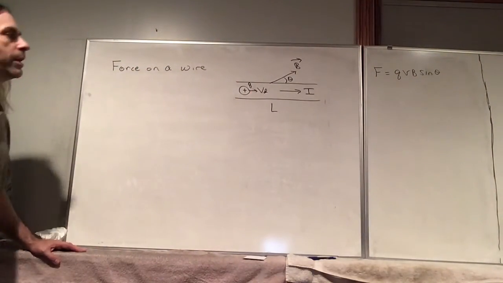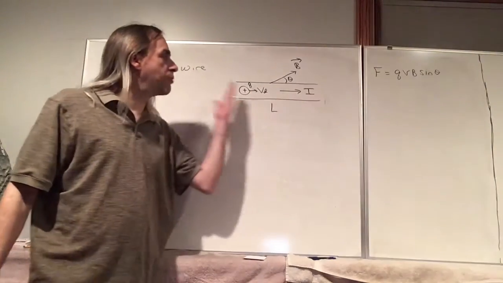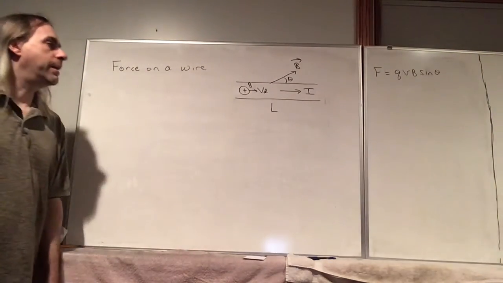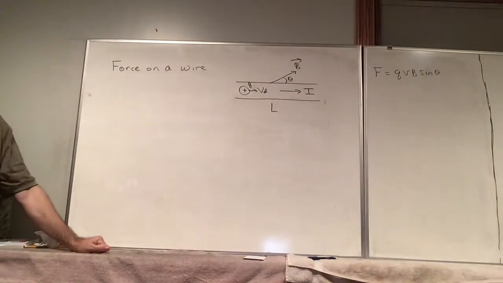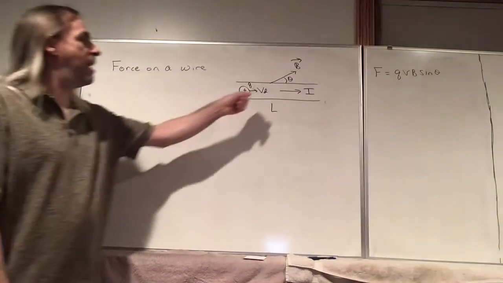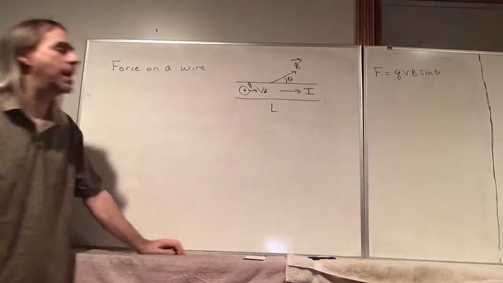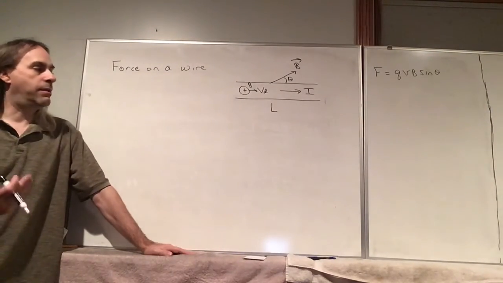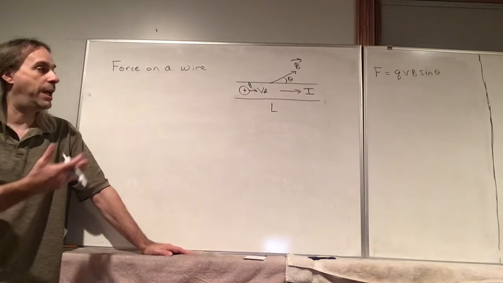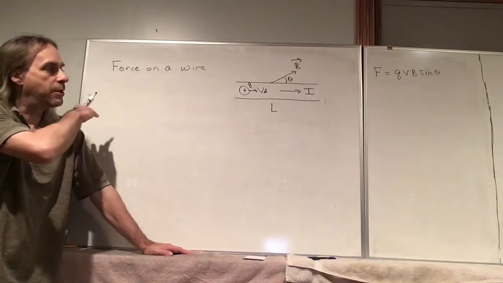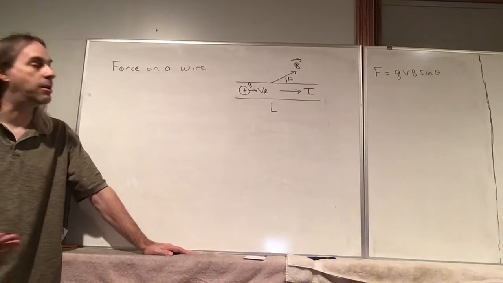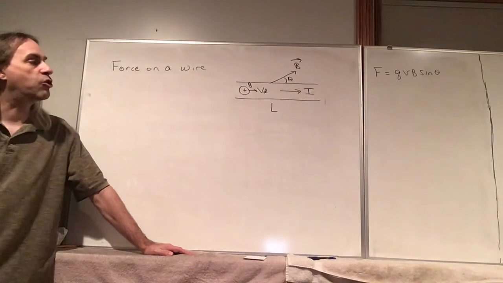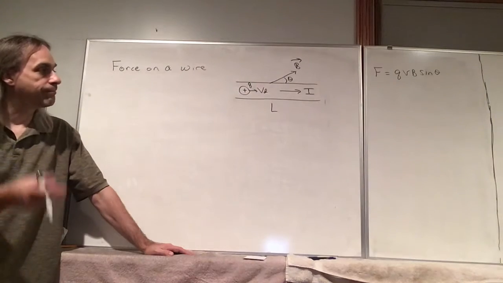So what's actually going on is we have negative charges in this conductor, and they have a tendency to drift to the left. The electrons have a tendency to drift to the left with this very low drift velocity. But the result would be the same as if we had a bunch of positive charges just moving straight down the wire in a nice orderly fashion.